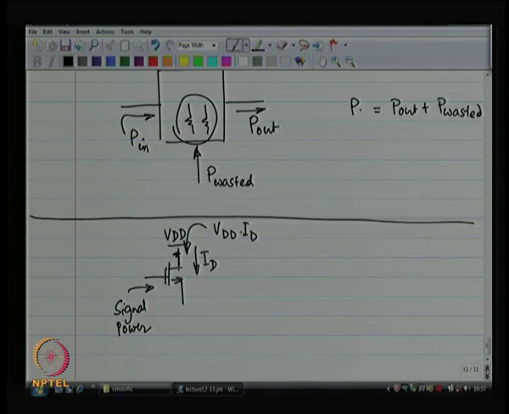So, this total quantity is conserved. The power coming into the MOSFET at the signal frequency, the power coming into the MOSFET at DC, and the power going out of the MOSFET at DC as well as at the high frequency. All of this together is conserved.